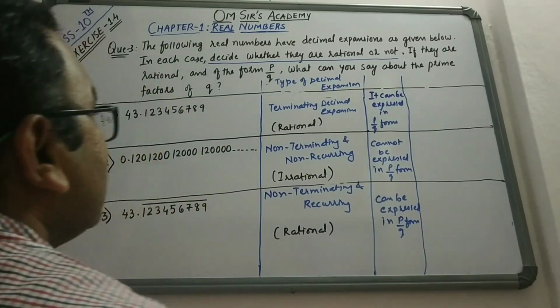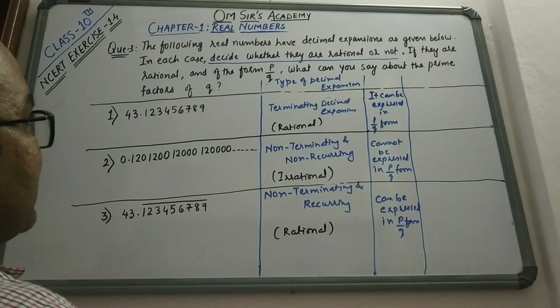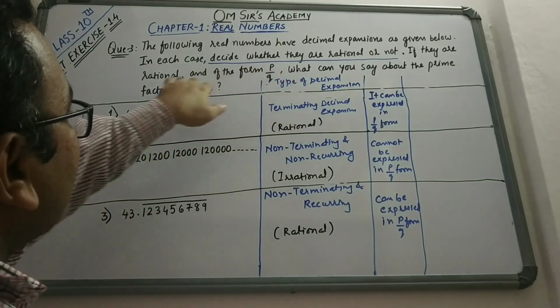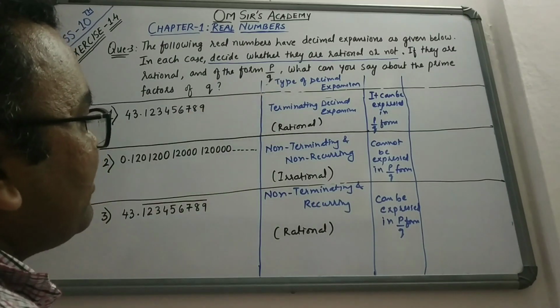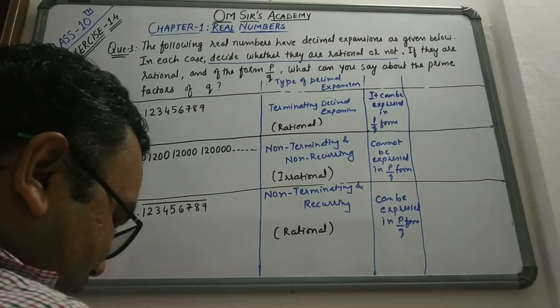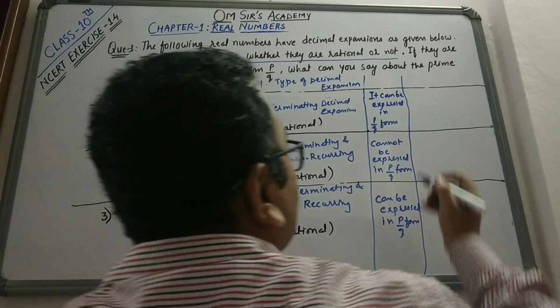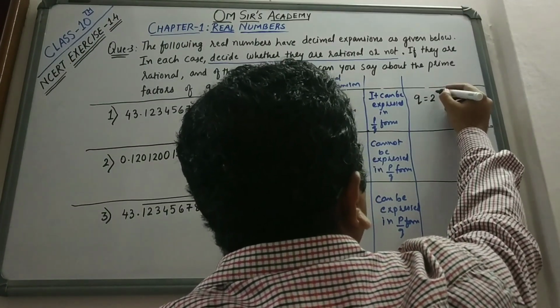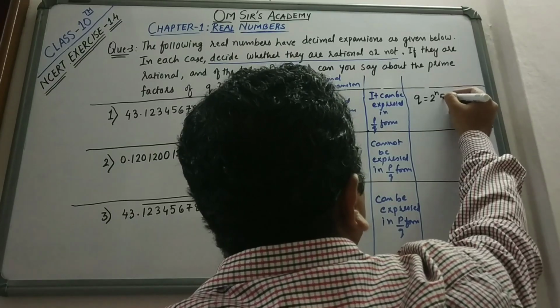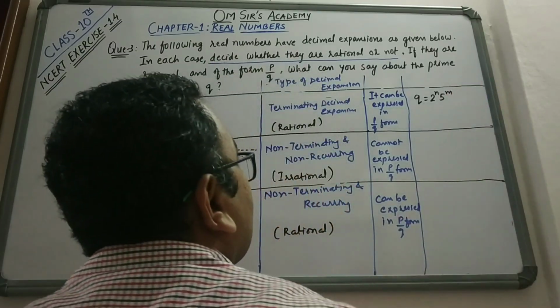Is it clear friends? Now the last part is, what can you say about the prime factors of Q? So in a terminating decimal expansion, what can be the prime factors of Q? Q will be in the form of 2 raised to n into 5 raised to m.